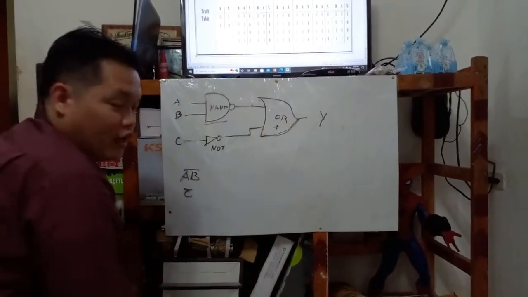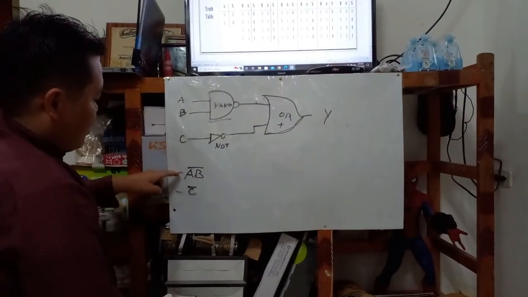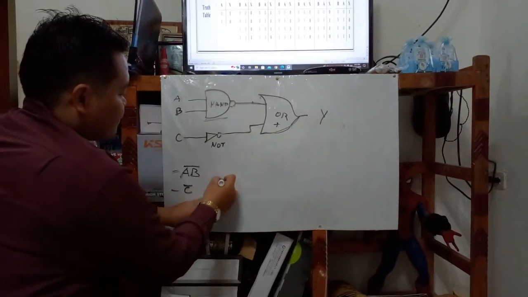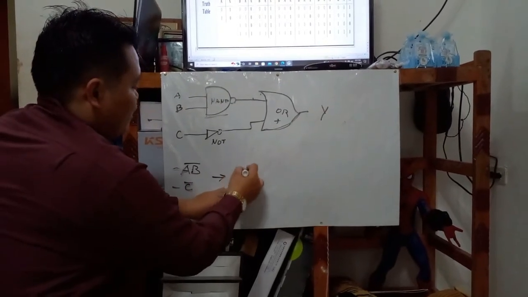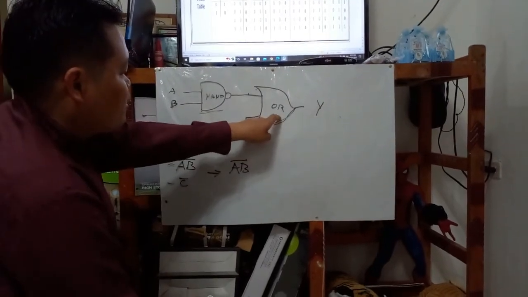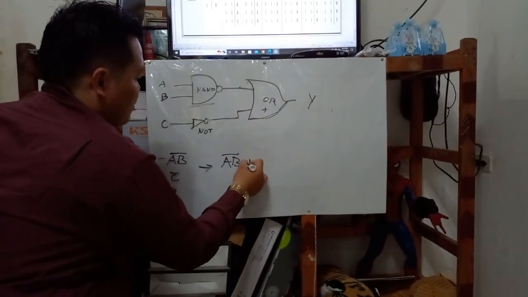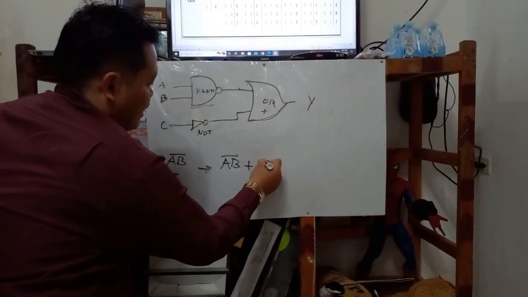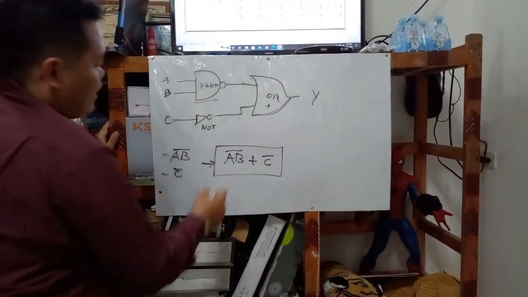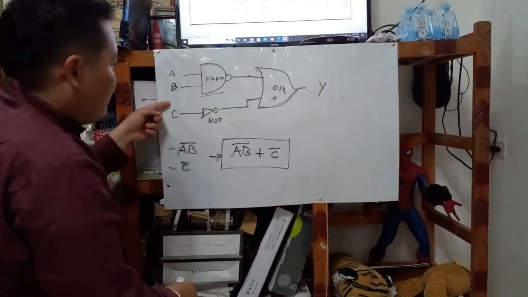Positive or plus. So the first logic gates you created are NOR and NOT. So your final equation is E and B, which is your NOR, and the digital logic is OR, so the operation used is plus, NOT C. So this is your final equation created based on the given diagram.